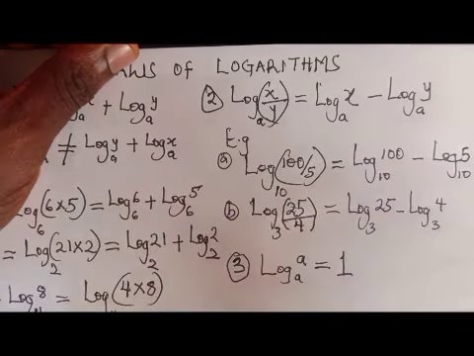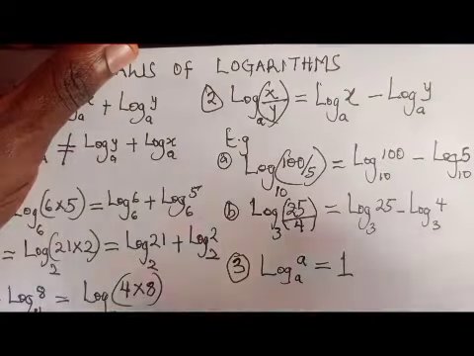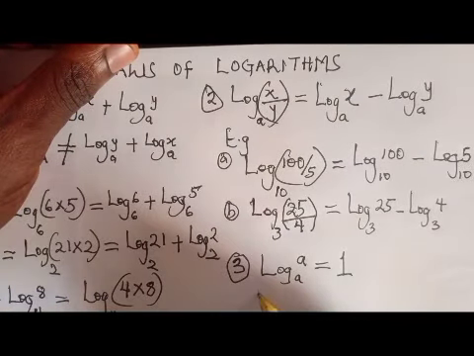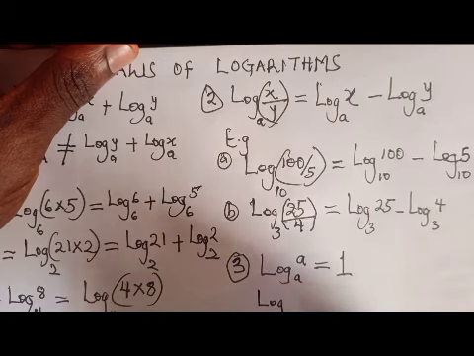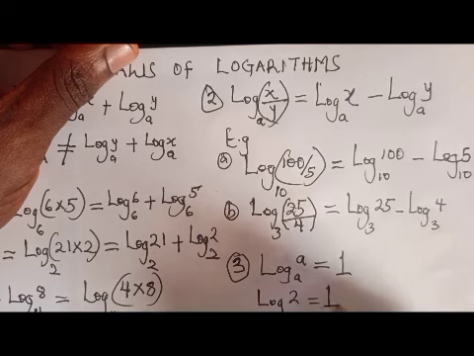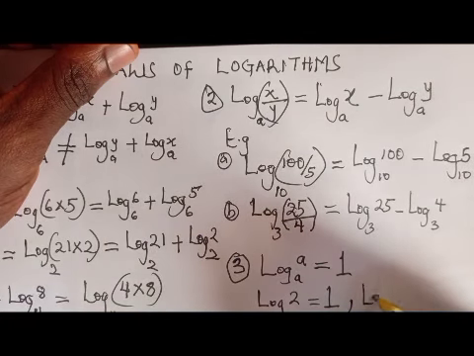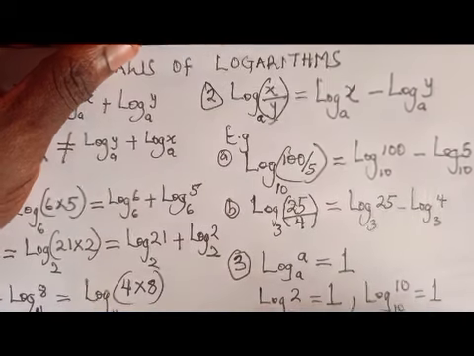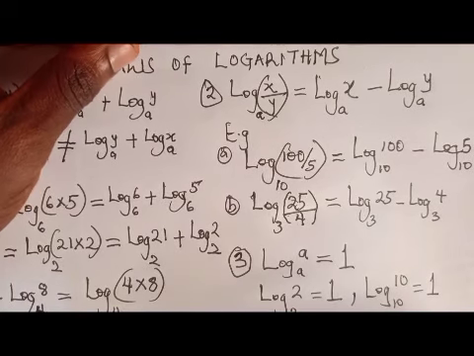So the logarithm of any number to the same base must give you 1. So if we have, for example, log 2 in base 2, the answer is 1. If I have log 10 in base 10, the answer is 1. So that is that about that.